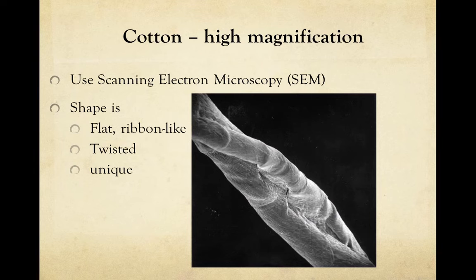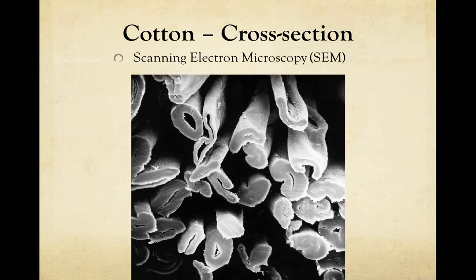Here is cotton under very high magnification. This is actually using a SEM, which is a scanning electron microscope. You can see here that it has a really unique shape. It's flat and ribbon-like and twisted. And as you'll see in the upcoming images, it can be quite irregular. Here is another image of cotton under SEM.